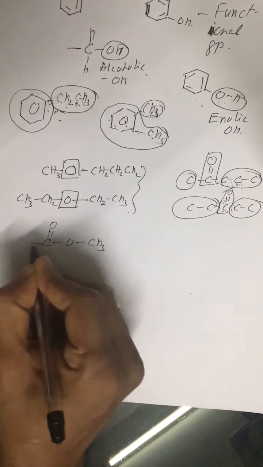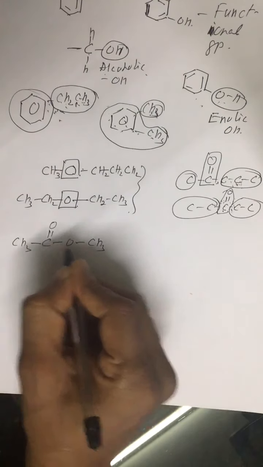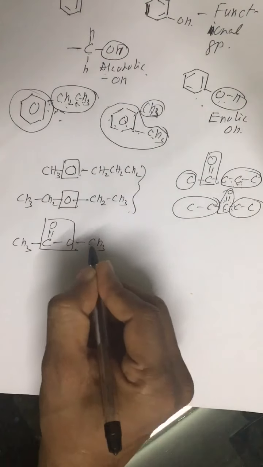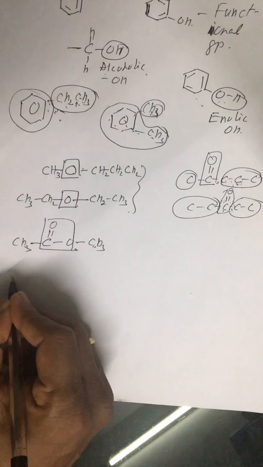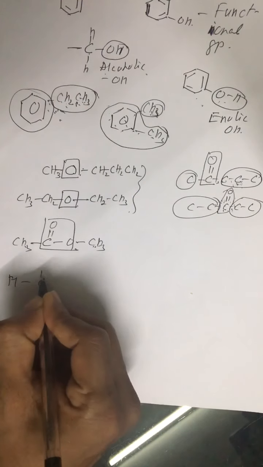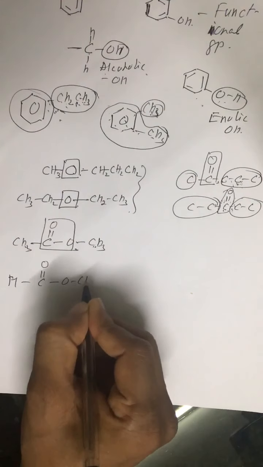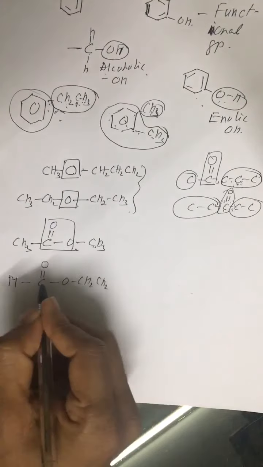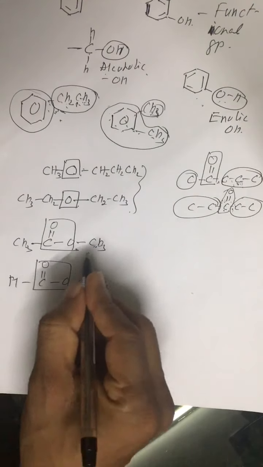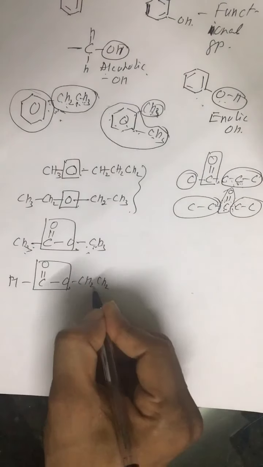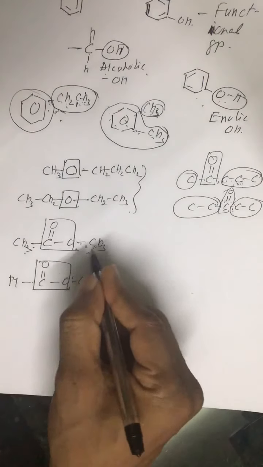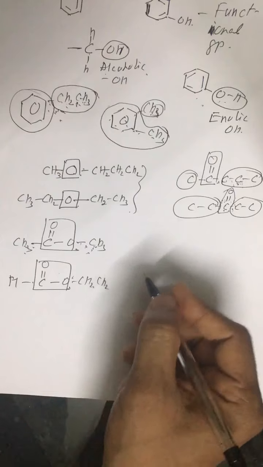This is CH3 and CH3, the COO ester group bonded to two methyl groups, and now we have hydrogen and an ethyl group. Again these two are metamers. This is methyl ethanoate and ethyl methanoate. These two are considered metamers.